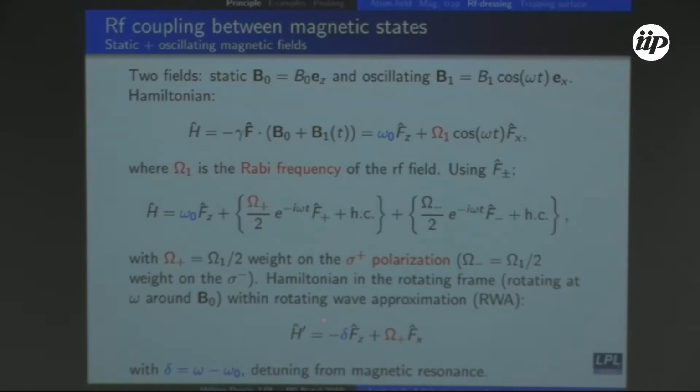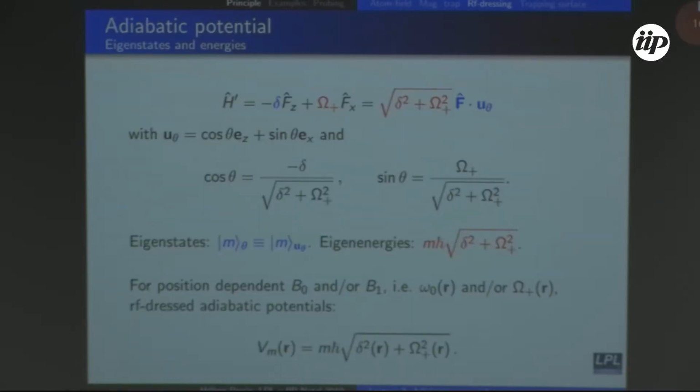But this is really nice because this is just the Hamiltonian of a spin. It has exactly the same form as this one, omega 0 F, not along z, but along some other direction u. If I perform a rotation, it will just be some frequency times the projection of F along a new direction. So this is the way I write it there.